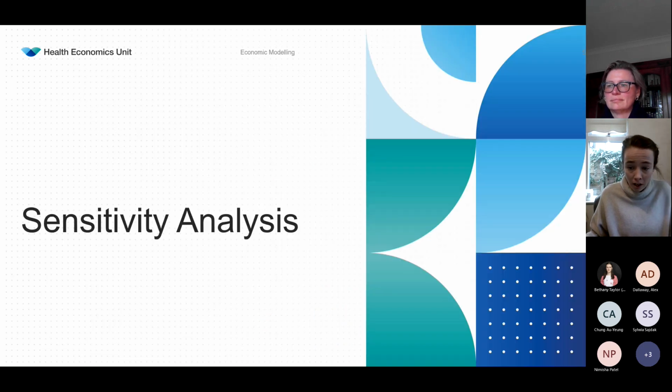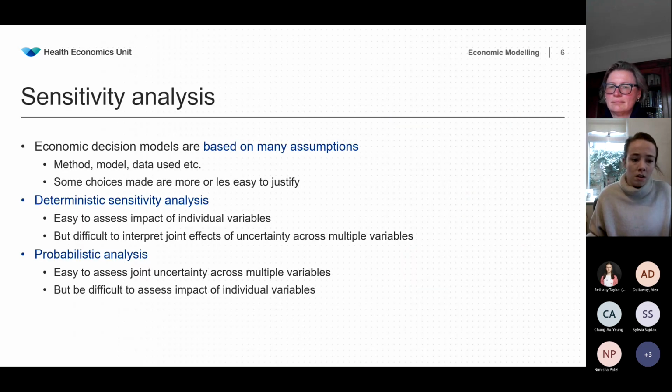So the second topic we're going to cover is sensitivity analysis. Sensitivity analysis can be done mostly in two ways. Either you do a deterministic sensitivity analysis or a probabilistic one, and usually you'll do both. With a deterministic sensitivity analysis, it's easy to assess the impact of an individual variable.